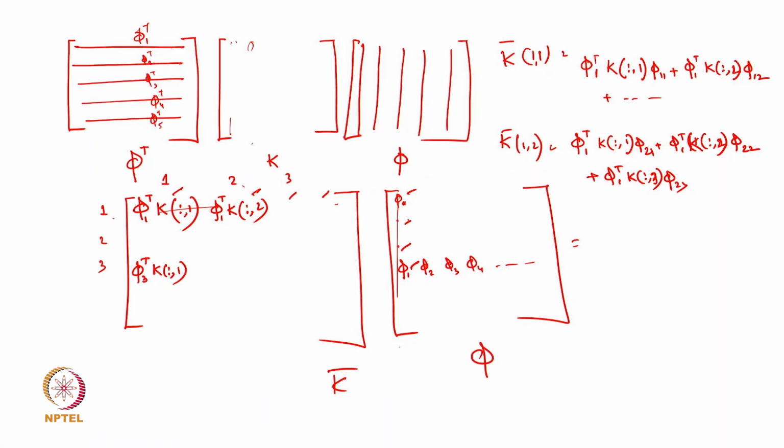Now, interestingly, you can notice that once you have it this way, that K11 into phi this, then this, then this, that term will become 0.